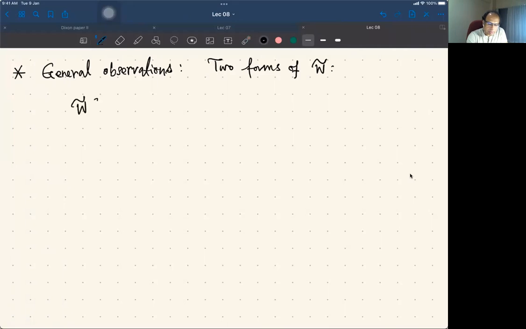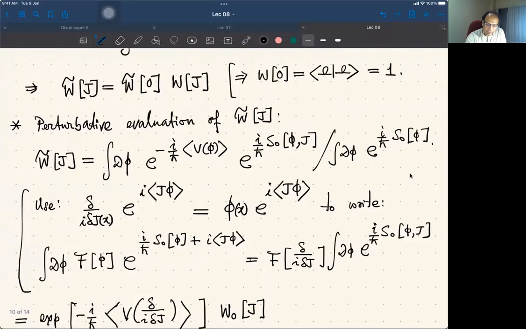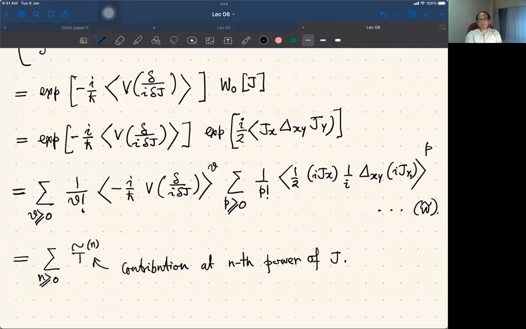One is W tilde J is equal to W tilde 0 times W J, and the other form just derived was T tilde 0 plus the sum over n greater than or equal to 1 of T tilde n. In this last expression, I'm writing T tilde 0 separately, and all the other terms which are higher powers of J.